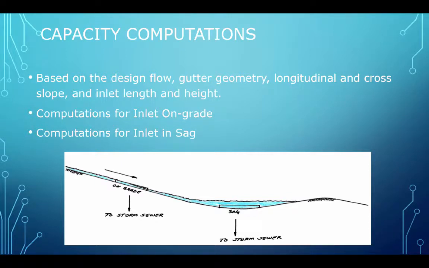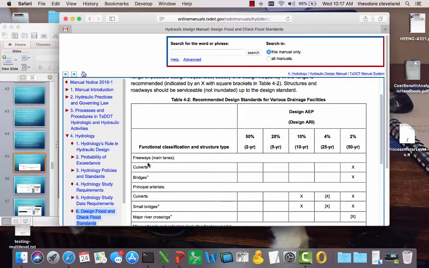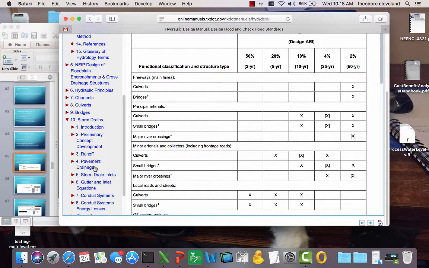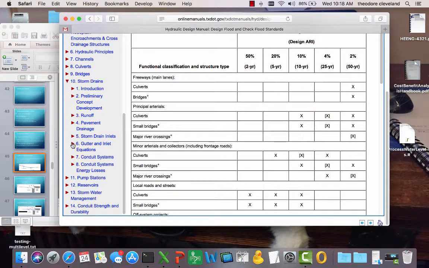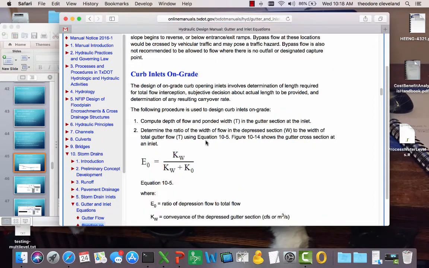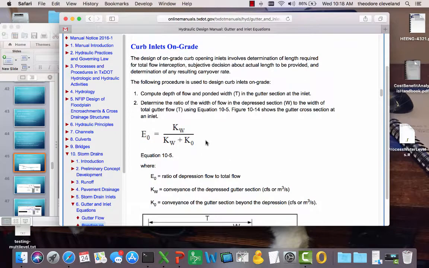Based on that design flow, gutter geometry, and longitudinal cross-section, we then apply one of the various sets of formulas. Let's quickly go in the manual and see what those look like. I just want to call your attention to all the different equations.